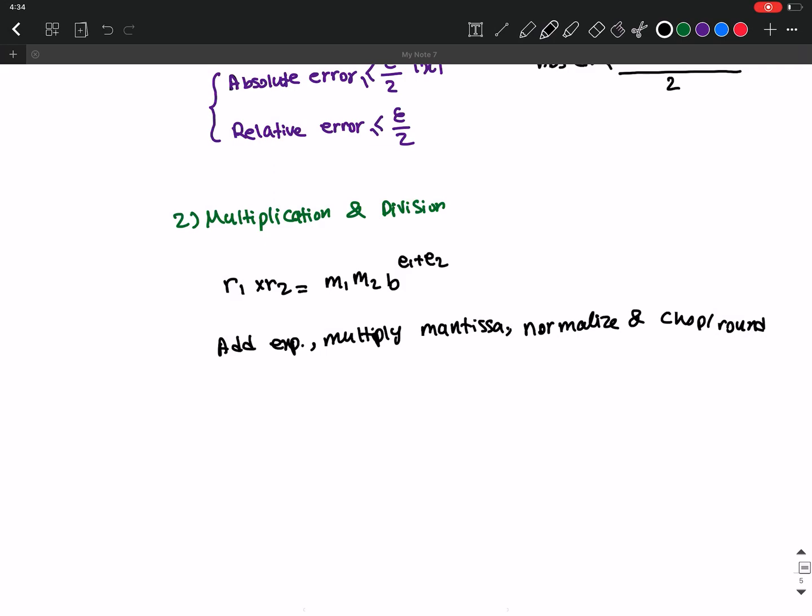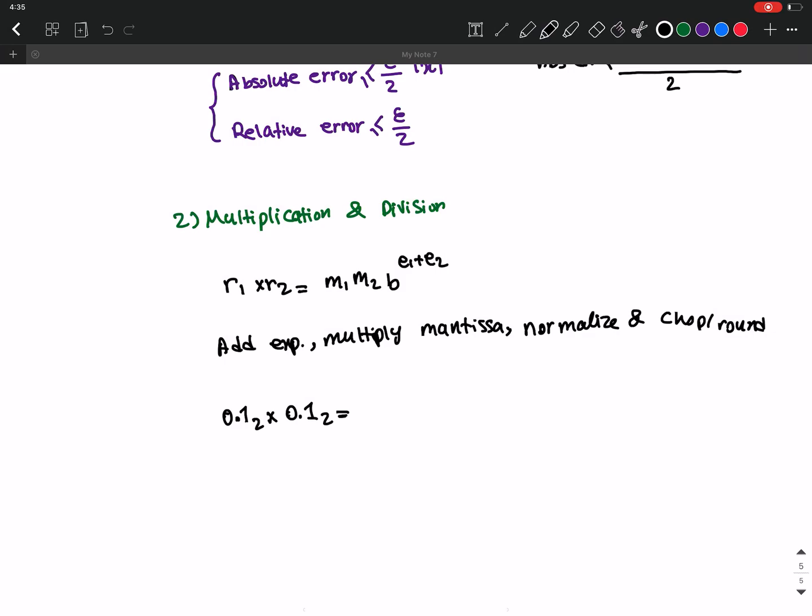So for example, let's do 0.1 in base 2 multiplied by 0.1 in base 2. What is this going to be? I am going to multiply the mantissa, so the mantissa is 0.1, and add the exponents.